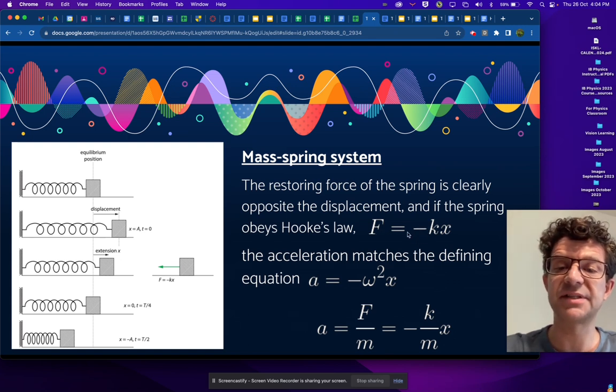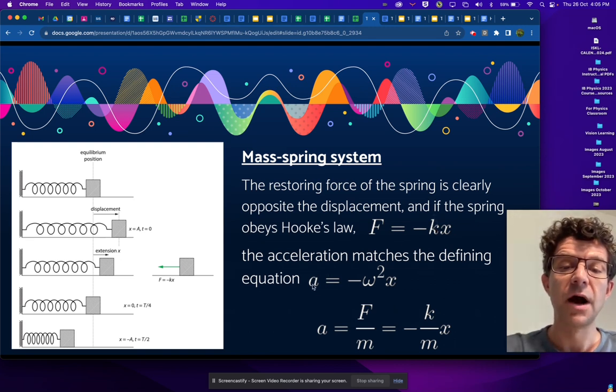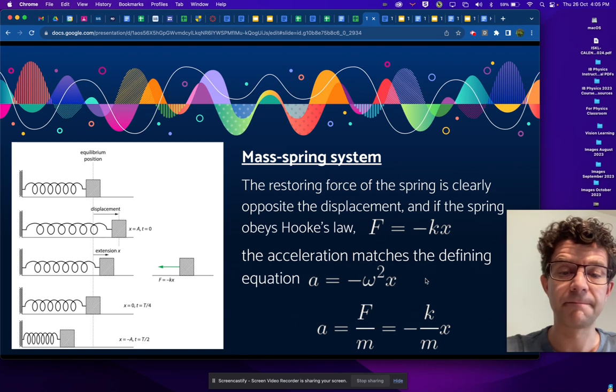It points in the opposite direction of the displacement, and obviously it's proportional to the displacement here. The acceleration then matches the defining equation because the acceleration is F over m, which would be minus k over m times x. And so even though it doesn't say omega squared here, it is a negative constant times the displacement, which is great.